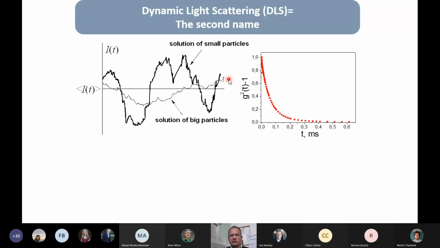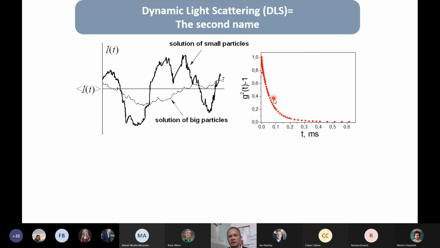So let's have another brief look at the typical experiment. We have the time dependence of the scattered intensity, and we have a solution of two types of particles, a solution of big particles and a solution of small particles. They are clearly different in terms of fluctuations. The correlator, the hardware, calculates the correlation function, and the correlation function is changing from very deterministic to very stochastic, right?